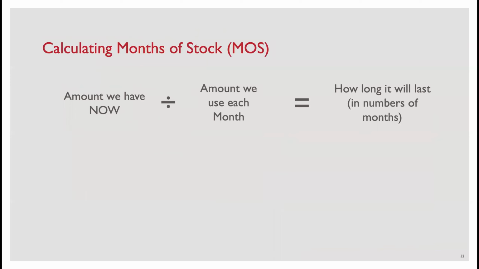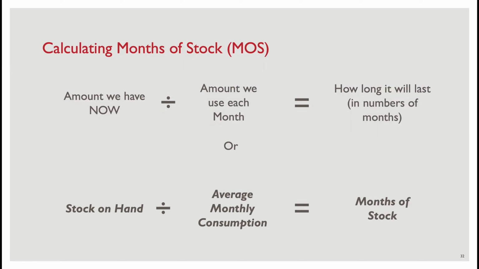If we are using maximum-minimum stock levels, remember that our stock levels are defined in months of stock on hand. And here's the general formula for calculating months of stock on hand. Now, with the formula applied using our actual logistics data, we calculate months of stock by dividing our stock on hand by our average monthly consumption.